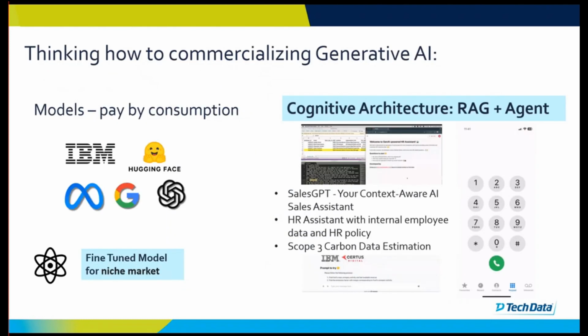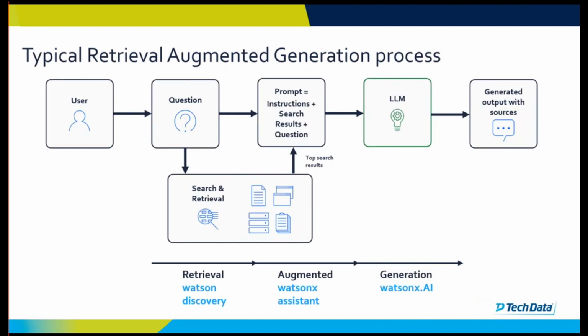If we look into specific examples, RAG is a good example of cognitive architecture. RAG stands for Retrieval Augmented Generation. You may have heard this many times, but let's quickly go through it to make sure we're all on the same page. RAG starts with the user question. After we have the question, we take it to a knowledge base.